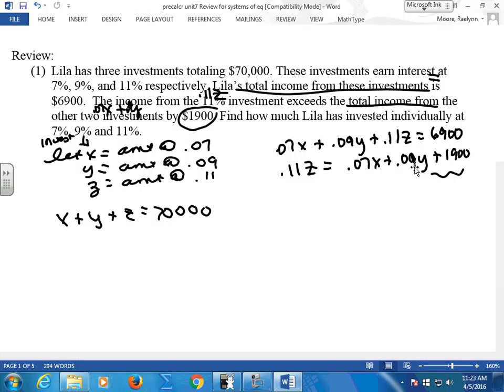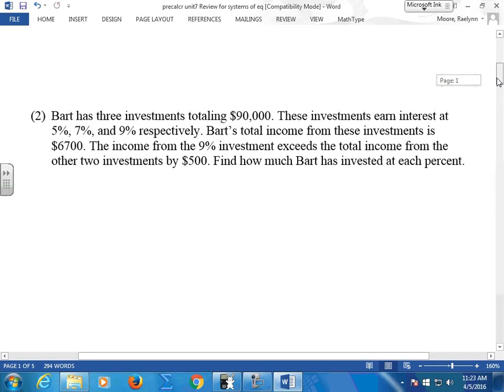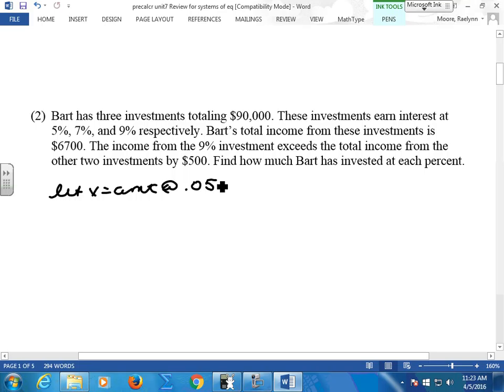Okay, let's set up one more for you. Let's work together and set these up. Bart has three investments. So what are our last statements going to be? X, Y, and Z again, right? The three amounts. The amount at, what are the percentages? 5, 7, 9.